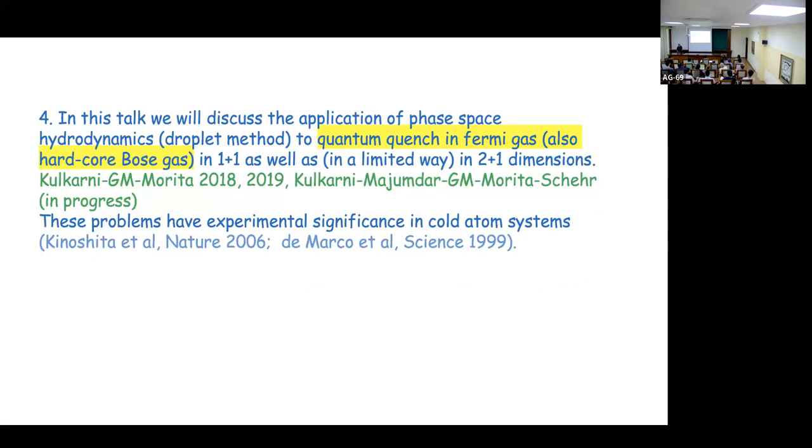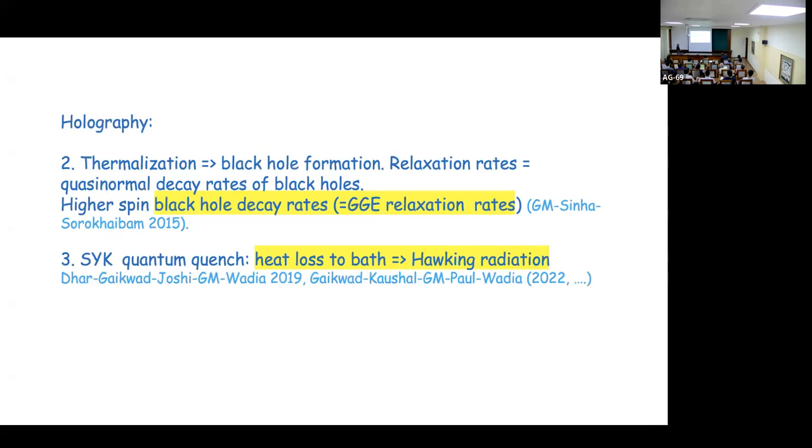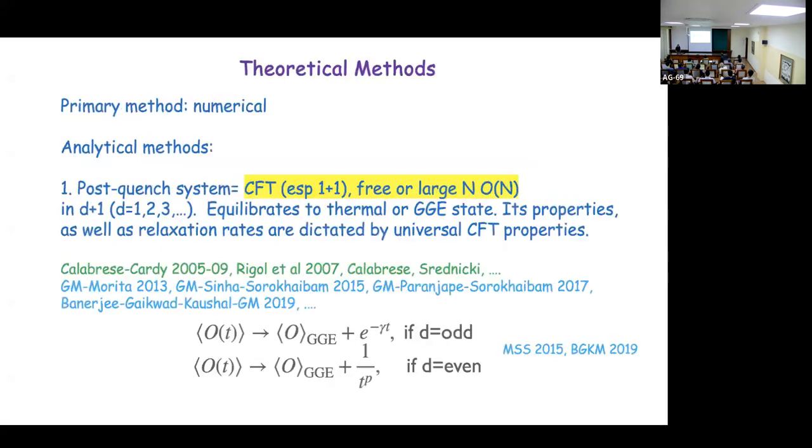Point number 1, the universality. That was true in 1 plus 1 dimension. In higher dimensions, is this gamma that you had governed by some anomalous dimension or something else? So here, this was for free field theories, so it was just given by the dimension.